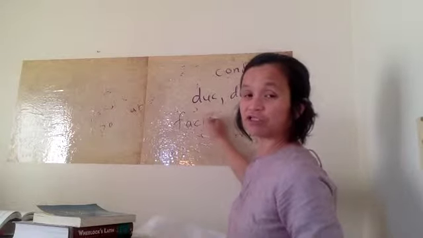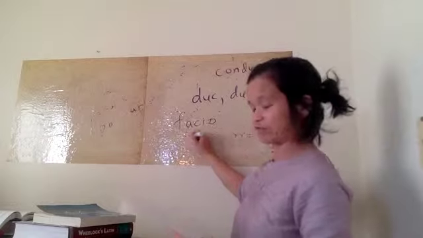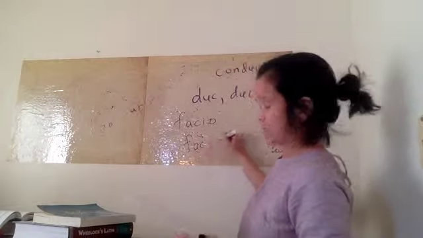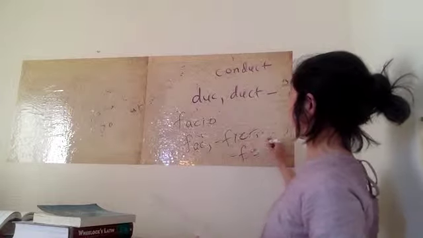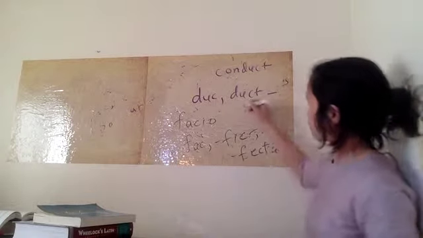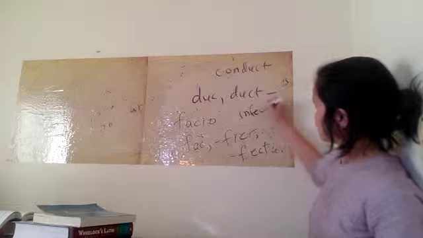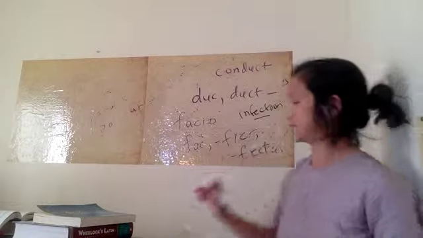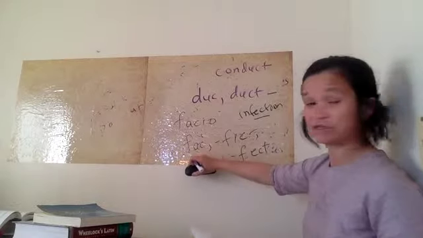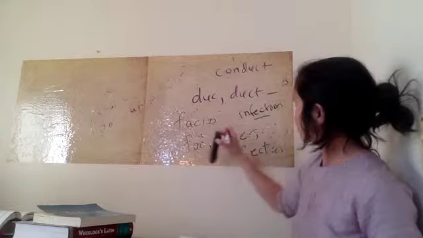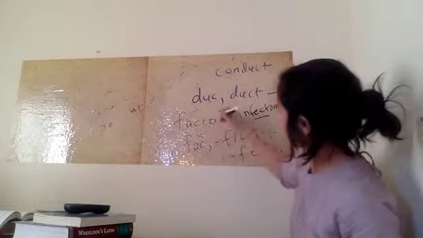It means to do or to make, and so the combining forms that you have to learn are fac, fic, and fect. We see this in words like infection, which has that F-E-C-T, so it's F-A-C, fac, fic, and fect.